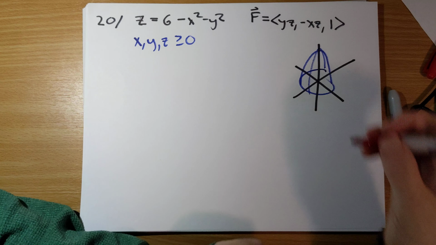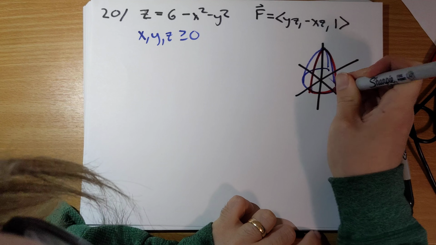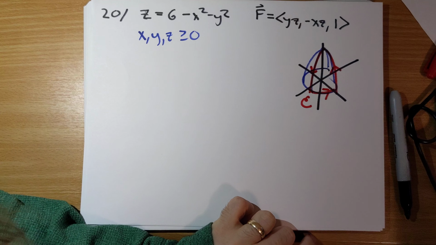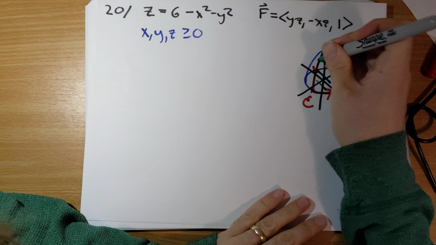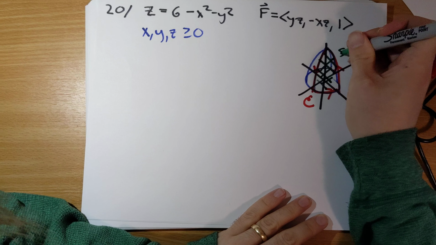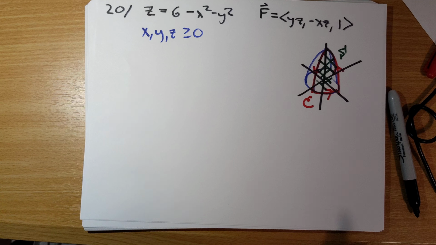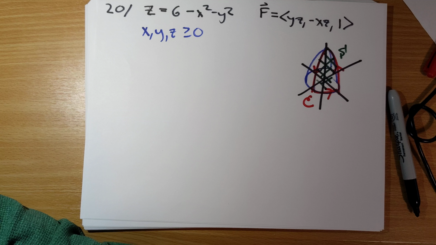And so then C is the boundary curve here. This is our C. And let me get a different color here. That right there is our S. So how do we go about doing this? For the parametrization, we can use Cartesian coordinates or cylindrical coordinates.